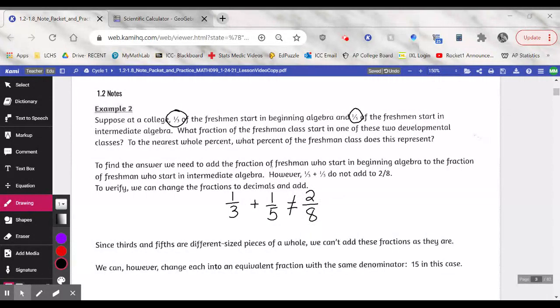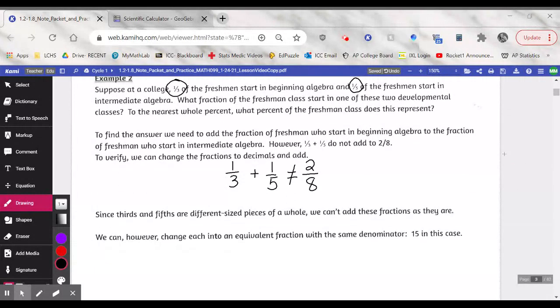This is an important concept for you to understand, that you can't just add the tops and the bottoms together. The biggest reason why is the bottom represents how many pieces make up a whole. So let's say that we have a pizza cut into thirds. I'm going to do my best to show you a pizza that's equally cut into thirds versus a pizza that is cut into fifths.